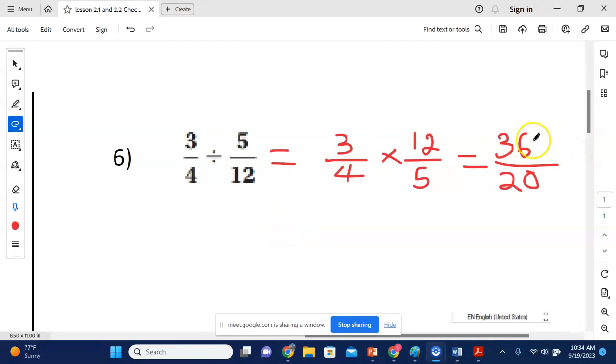Great job. Okay, so you know that 36 over 20 is not the final answer yet. You need to go reduce it, simplify the fraction. And the GCF of 36 and 20 is 4. So what's 36 divided by 4? 9.